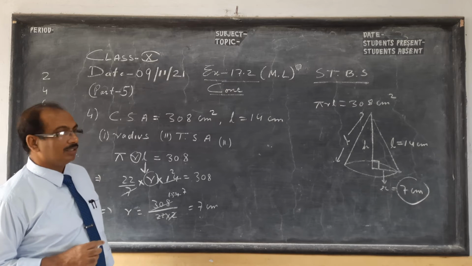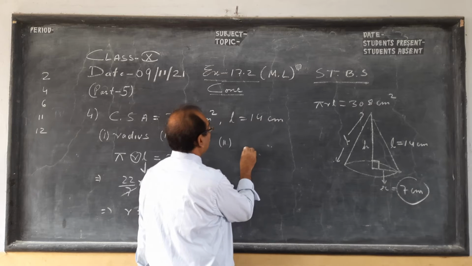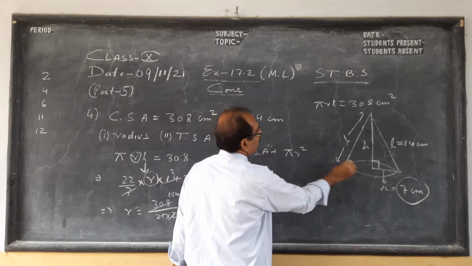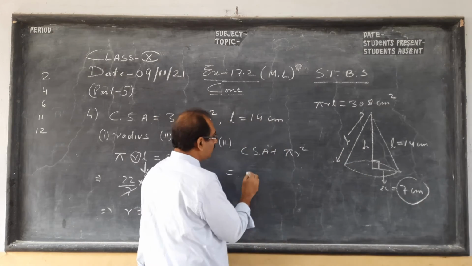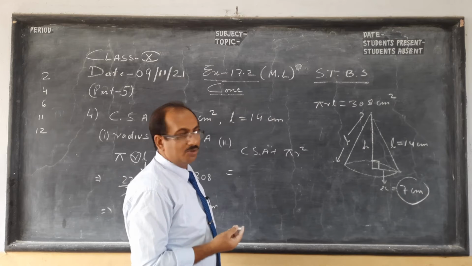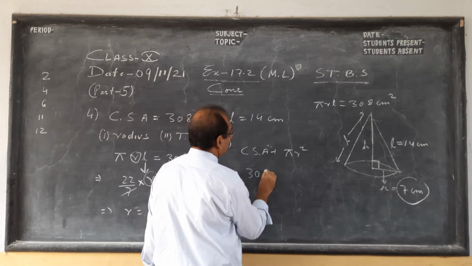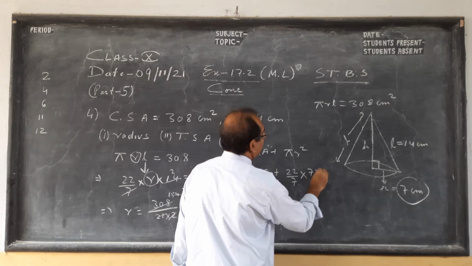Anyway, going back to this sum. See, we have the curved surface area. I told you we have pi r square. So to the curved surface area, we add this. Second method also I'll tell you, where we apply the full formula. So CSA, children, is 308. And what is pi r square? 22 by 7 into 7 into 7.